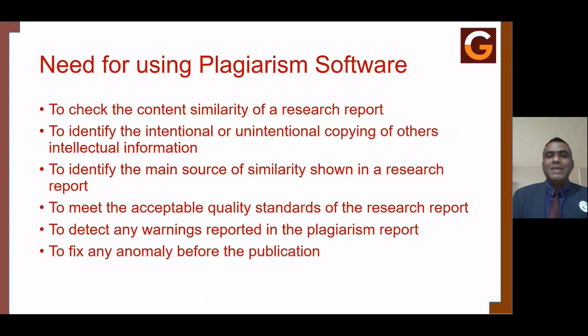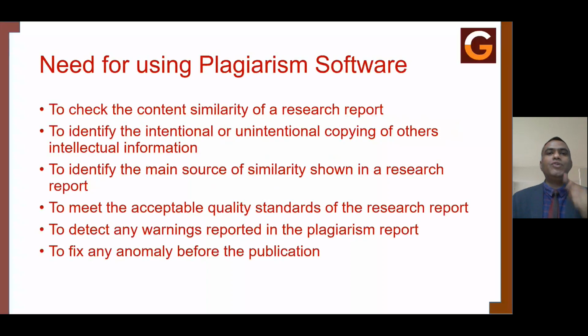When the similarity level increases, it means that the level of plagiarism also increases. So it's very important that we do not simply copy the information just because it is mentioned in the secondary sources. We have to rephrase and write in our own way so that we are able to reduce the similarity percentage of our research report.